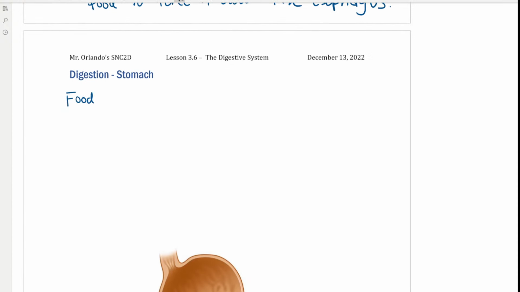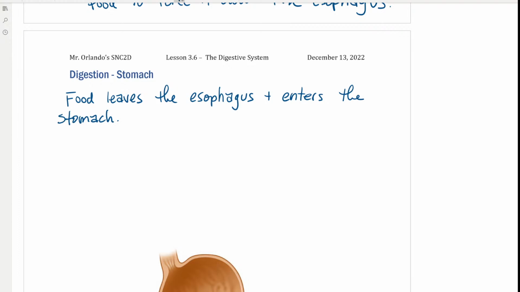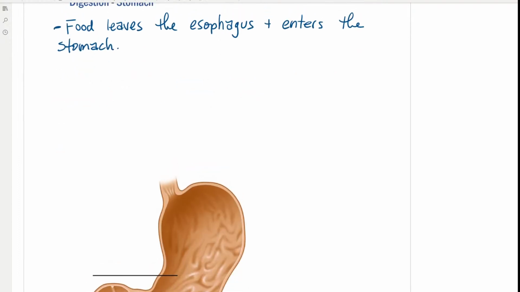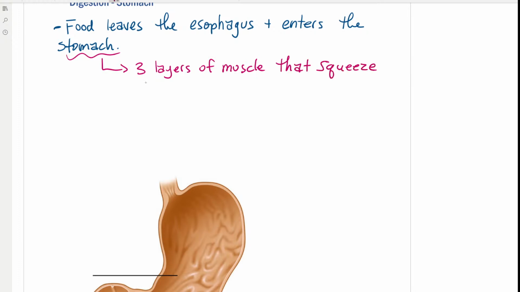Food will leave the esophagus and enter the stomach. The stomach has 3 layers of muscle that squeeze and churn the food in it.